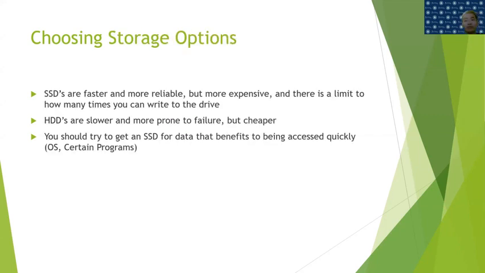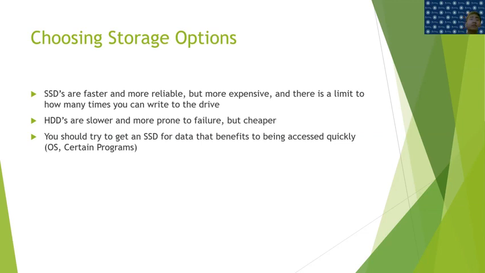Now, next up is our hard disk, and the main option is what type of hard disk to use between the SSD, the HDD, and the newer NVMe SSD. The benefit of SSDs, as explained earlier, is that they're faster and more reliable, however, they're much more expensive than the hard disk drive.